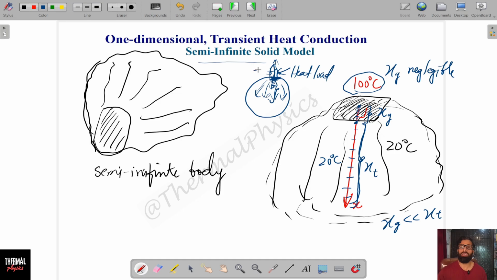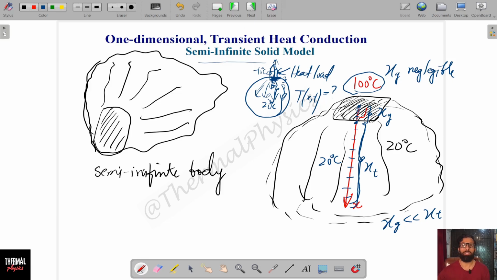Suppose outside it is winter, say minus 10 degrees Celsius, and inside, the average temperature of the whole Earth is 20 degrees Celsius. Temperature variation will occur for this negligible thickness, and the rest of the thickness will be unaffected. So the temperature in this small thickness, we can calculate using this model.